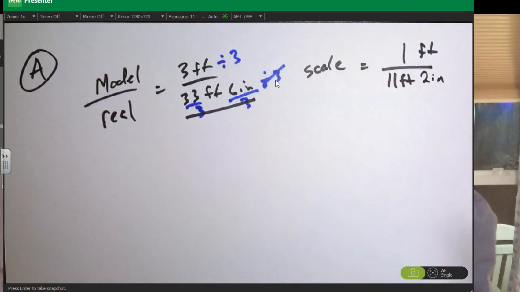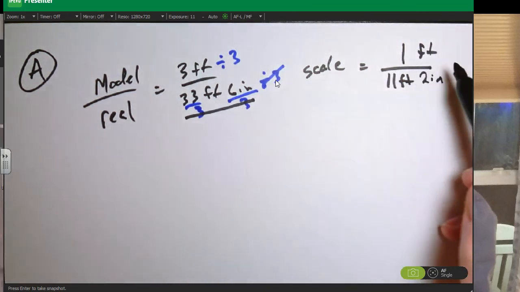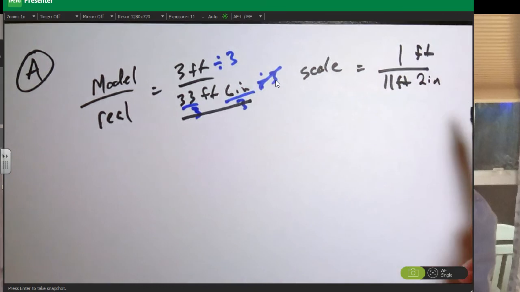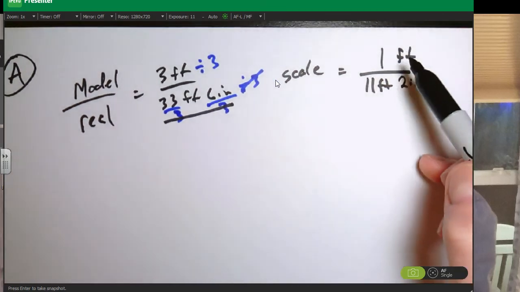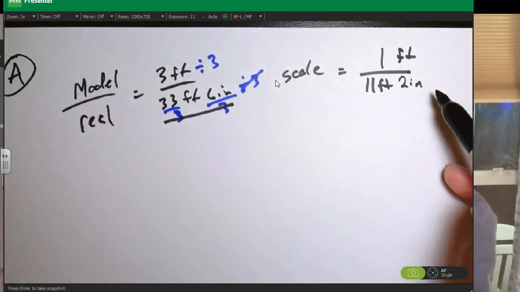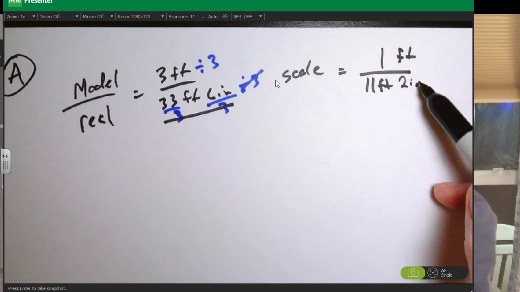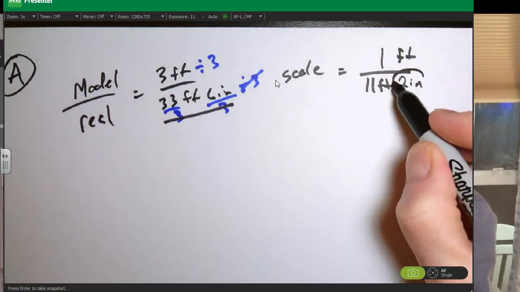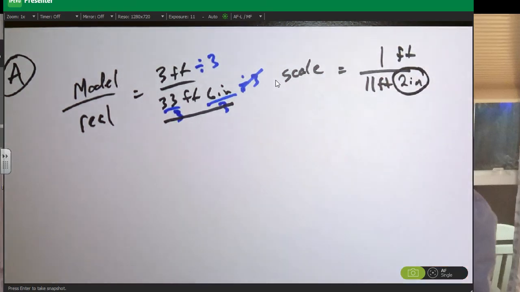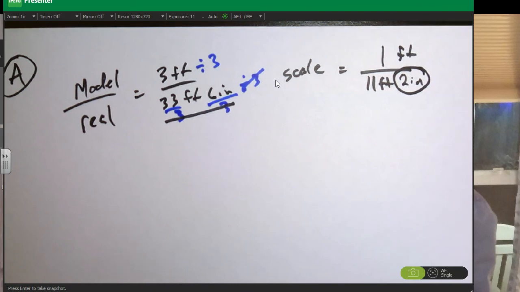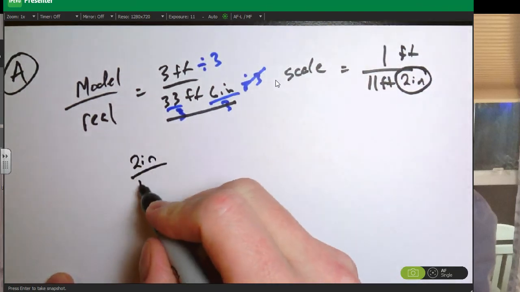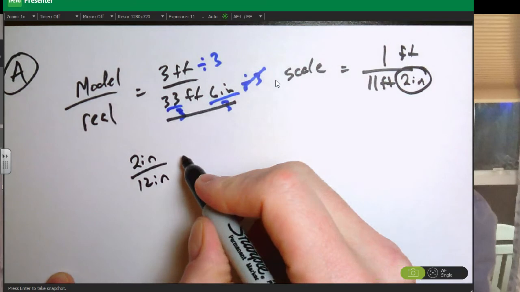Okay. So for our scale, which I'm actually not done yet because I don't like the way this is written, but this is kind of just a rough idea: 1 foot equals 11 feet 2 inches. Now my big problem with this is that it's mixed units, feet and inches. So what I'm going to do is convert 2 inches to feet, which isn't as bad as you'd think. 2 inches compares to 12 inches because there's 12 inches in a foot.